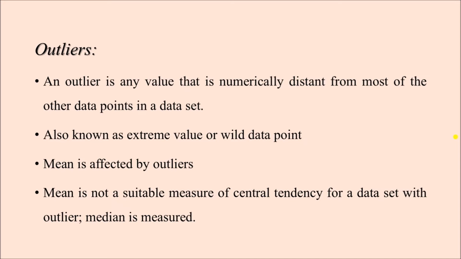These values which are numerically distant from most of the other data points or other values in the data set, they are known as outliers. So also known as extreme value or wild data point.